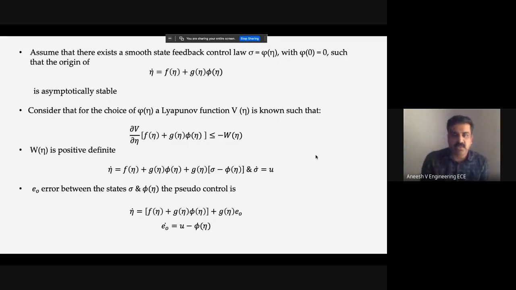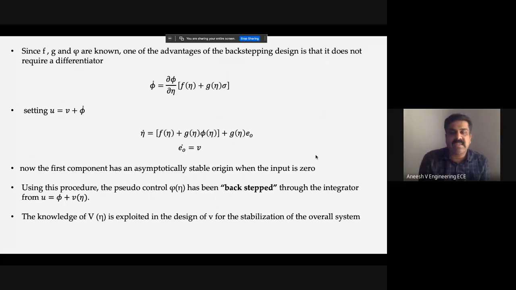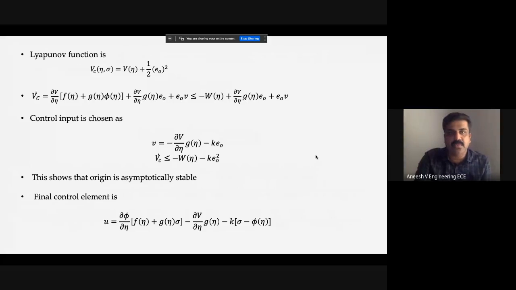The error signal is E0, between the state sigma and phi of eta. This particular thing is known as pseudo control, and the pseudo control term we need to find out. Then we will get a new equation for eta dot and error dot, E0 dot. Based on these two terms, we design this particular control law.